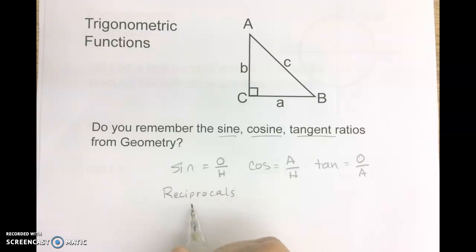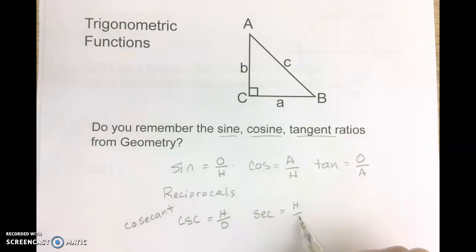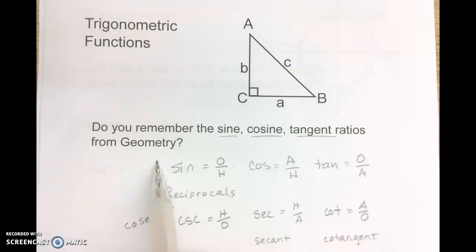The reciprocal of sine is cosecant, C-S-C, and that is just the reciprocal of this ratio, H over O. Then we have the secant, the reciprocal of cosine, which is H over A. And then we have cotangent, which is A over O. So we've got our three main trigonometric functions, and then we have our reciprocals here.